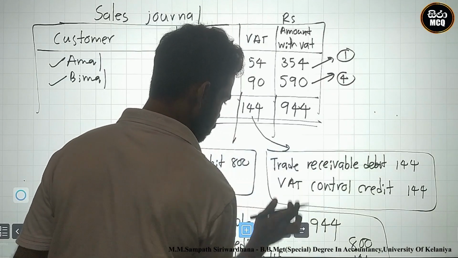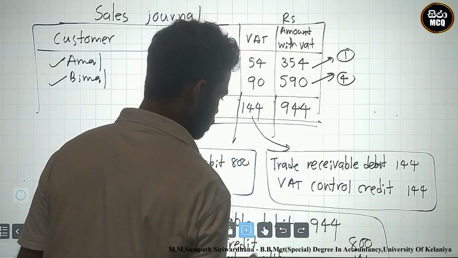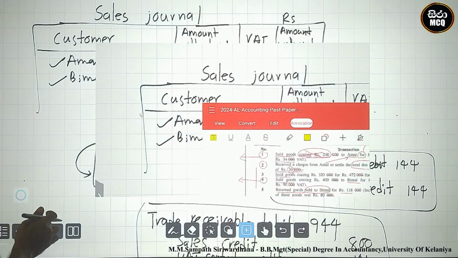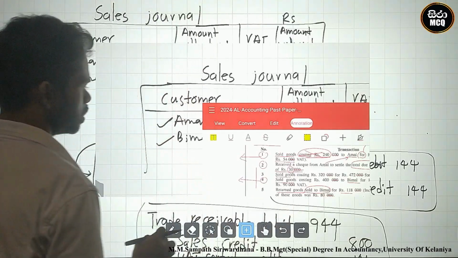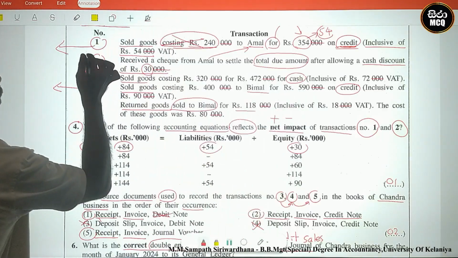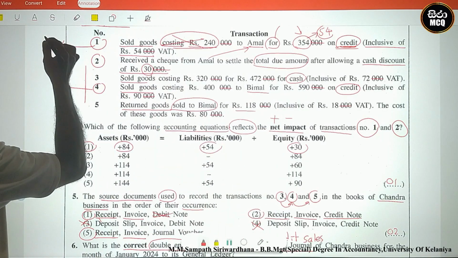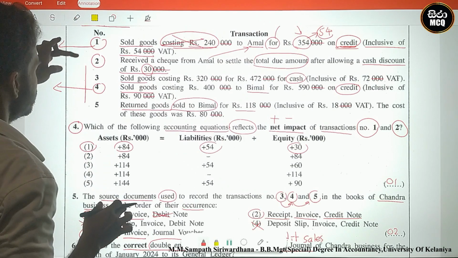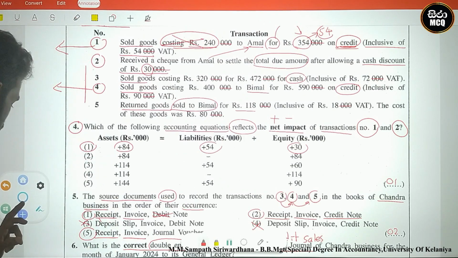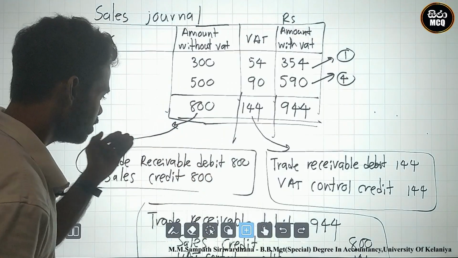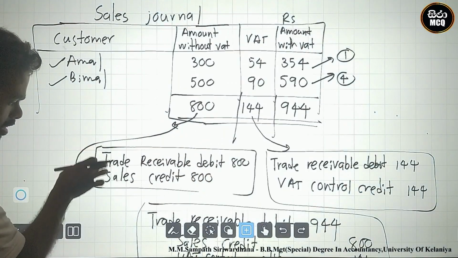Number 4 transaction, 590, is okay. We already entered transactions 1 and 4, so the double entries are there.